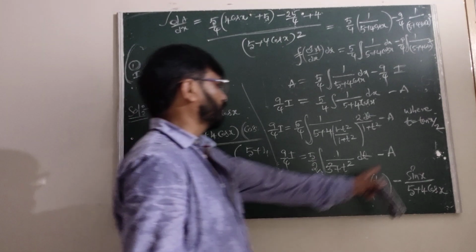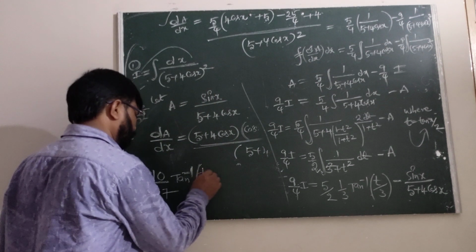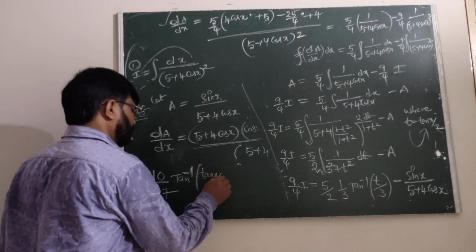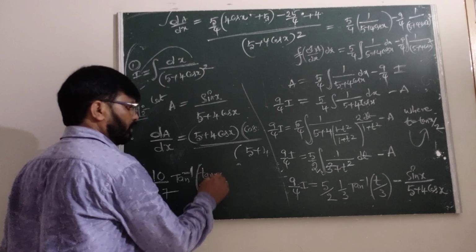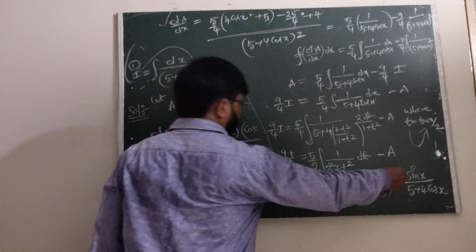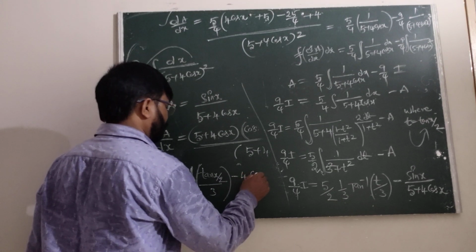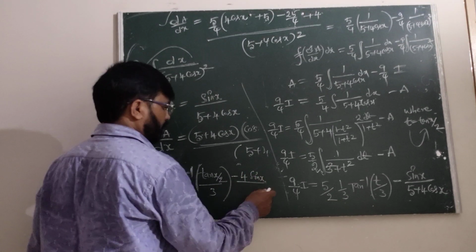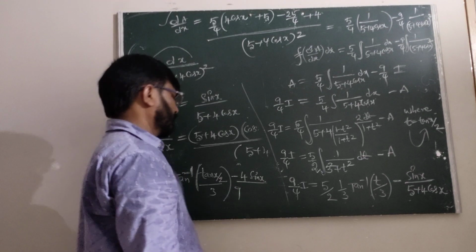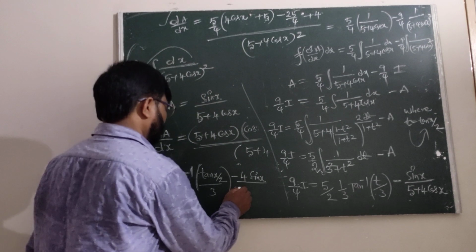where t is tan x by 2, upon 3. Minus of 4 into sin x upon 9 into 5 plus 4 cos x. Is it clear? The 9 by 4 is sent to the other side as 4 by 9.